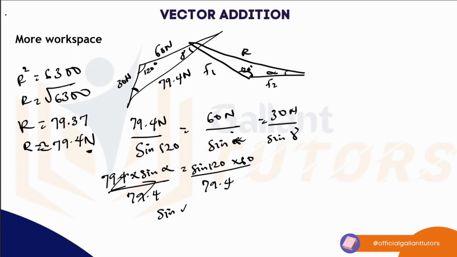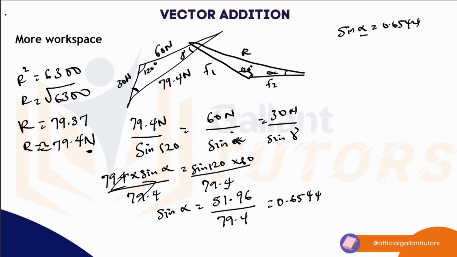So now root 3 over 2 times 60 will give us 51.96. So sine alpha is equal to 51.96 divided by what we have here, 79.4, right? So this is 0.6544. Okay, let's move to a fresh page. So sine alpha is 0.6544.